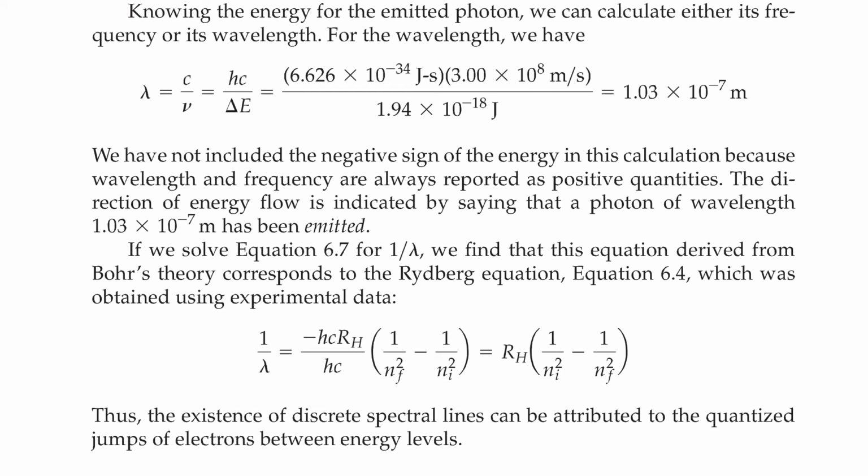If we solve equation 6.7 for 1 over lambda, we find that this equation, derived from Bohr's theory, corresponds to the Rydberg equation, equation 6.4, which is obtained using experimental data. Thus, the existence of discrete spectral lines can be attributed to the quantized jumps of electrons between energy levels.